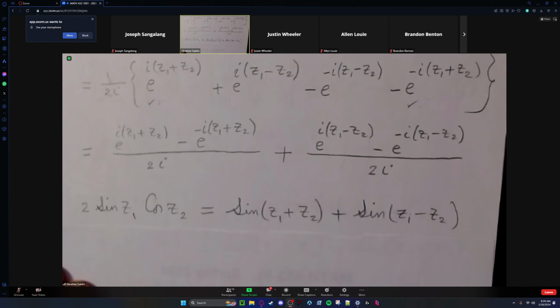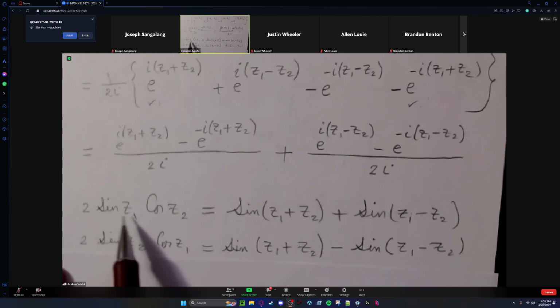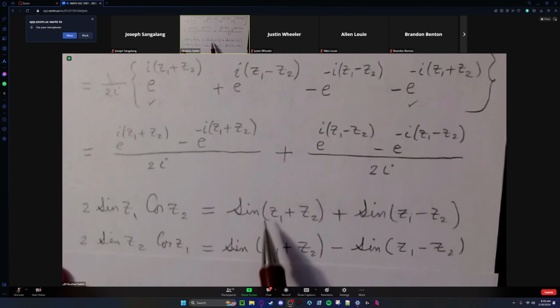Now, this is valid for all complex numbers z1 and z2. No, I did not put any restriction on z1 or z2. Now, let's just switch z1, z2. Now put z2 here, z1 there, right? So this is what we get, sine of z1 plus z2 or z2 plus z1, it's the same.